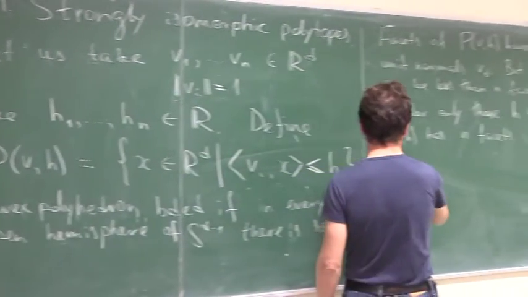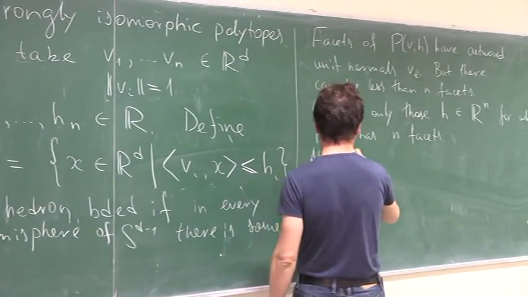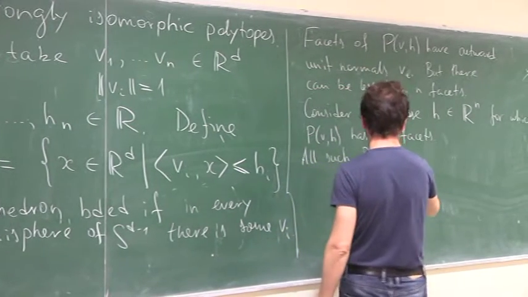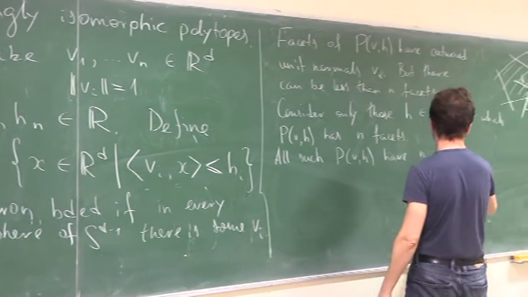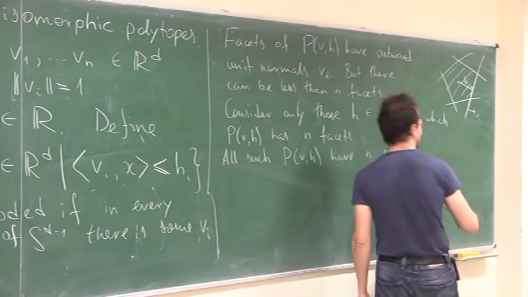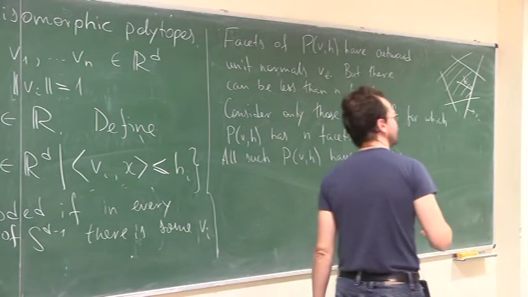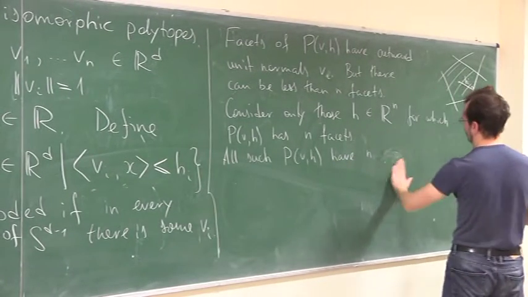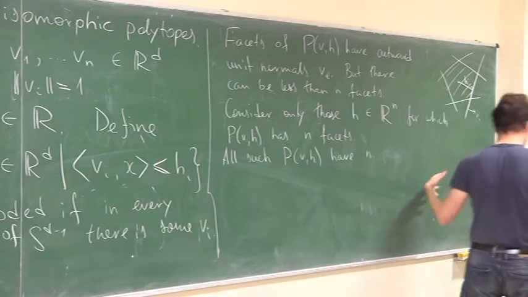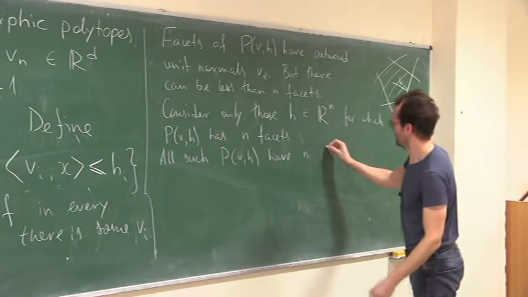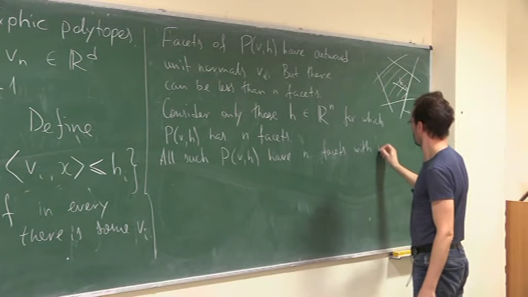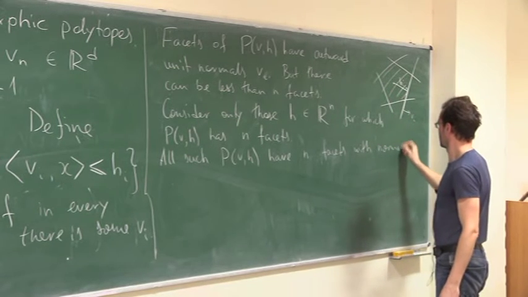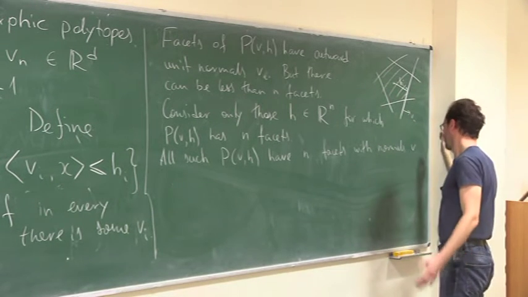So all such P of V,H have n pairwise parallel facets. So pairwise parallel, I mean not between each other, but between two polytopes. So we have n facets with normals Vi.